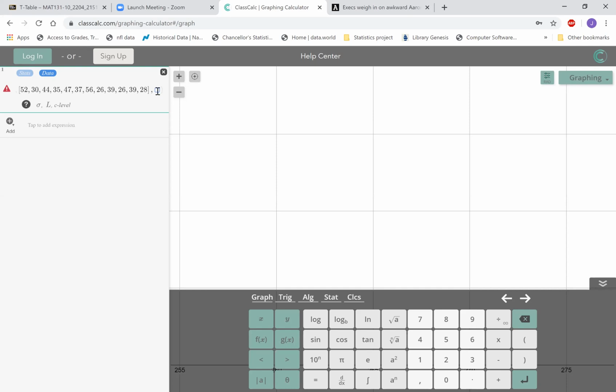The last thing I want to do is put my confidence level. The confidence level is 0.95. And if you look at it, you get exactly the same answer that we got with the TI-83 or 84. Any question in regard to the steps I took for ClassCalc?